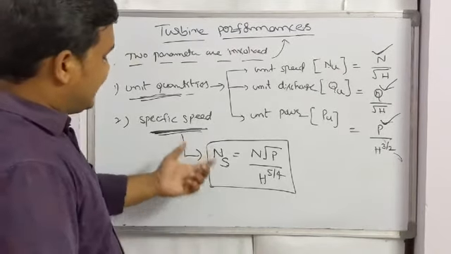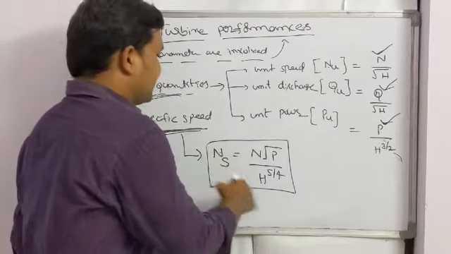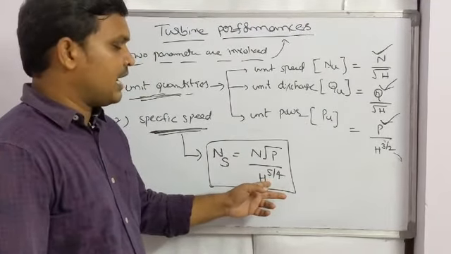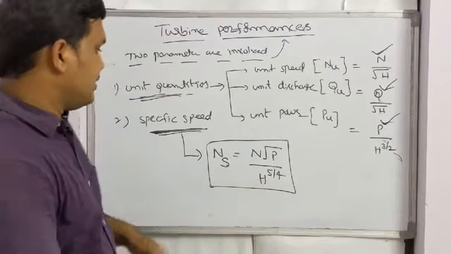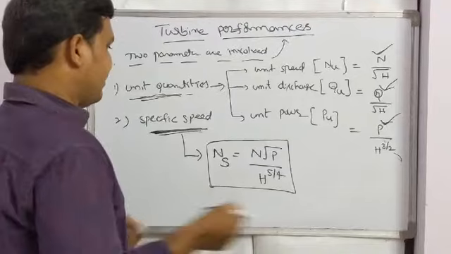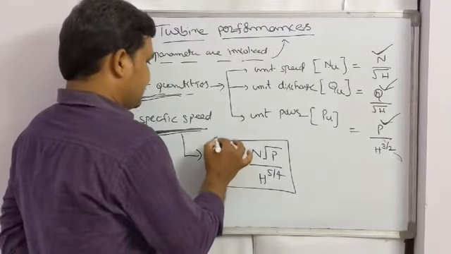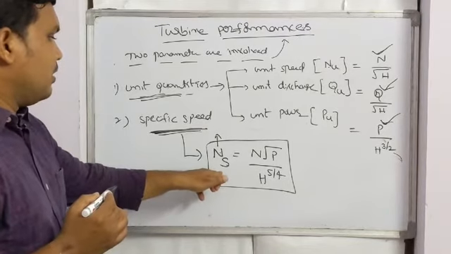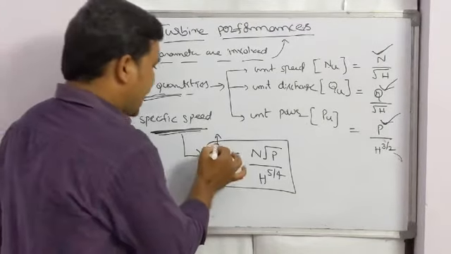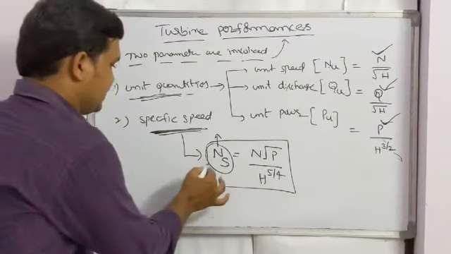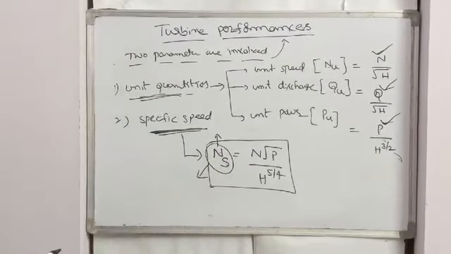For example, the specific speed is always constant. It is a determined value, obtained by conducting a performance test in a laboratory. So this Ns, the specific speed, is always a fixed value.